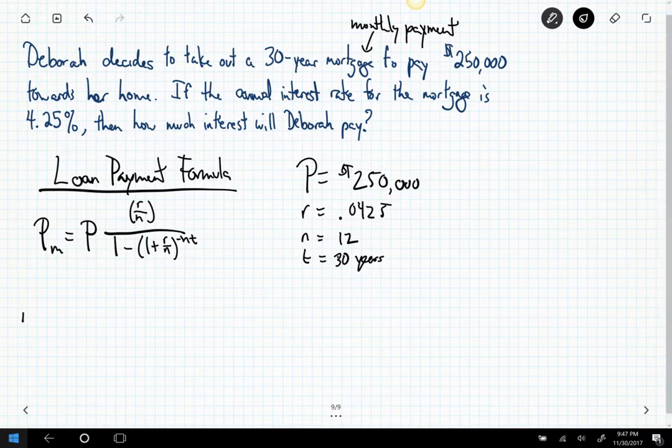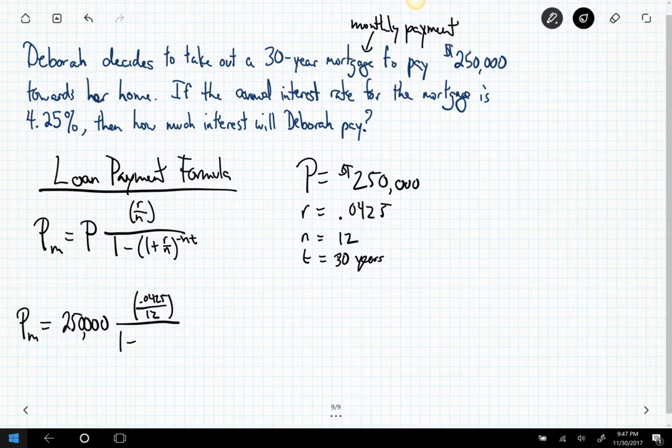Now, taking a look at what happens, we'll find that monthly payment amount. So you take $250,000. Then we have R divided by N, so that's 0.0425 divided by 12.